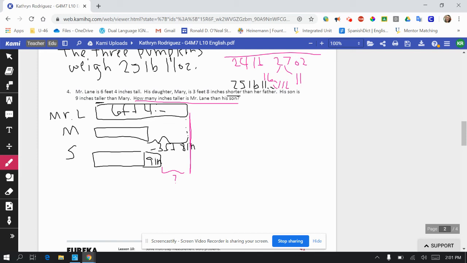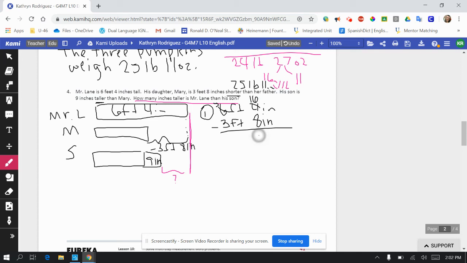All right, the first step, I would say, is finding out Mary's height. The second step, then, finding out the son's height. So here we go. Step 1, we have 6 feet 4 inches minus 3 feet 8 inches. Okay, we're going to borrow a foot here.